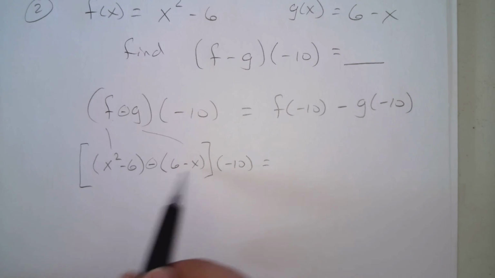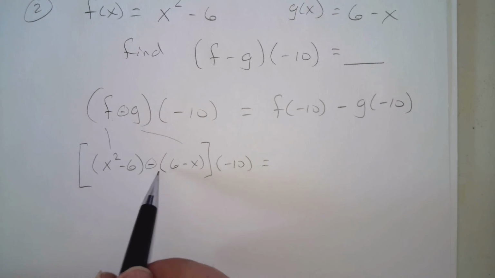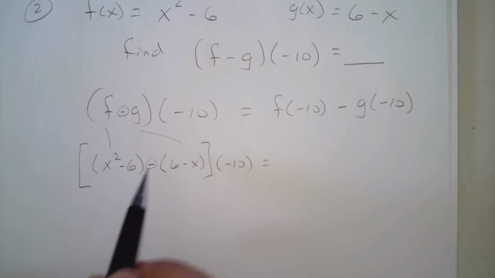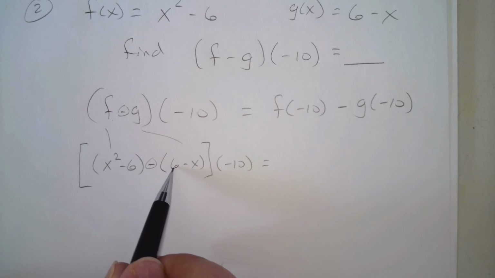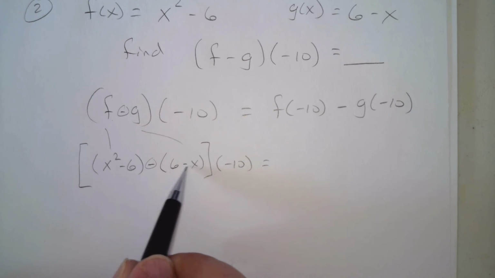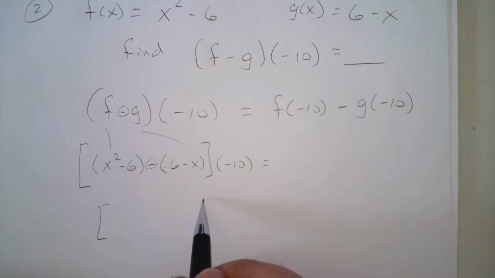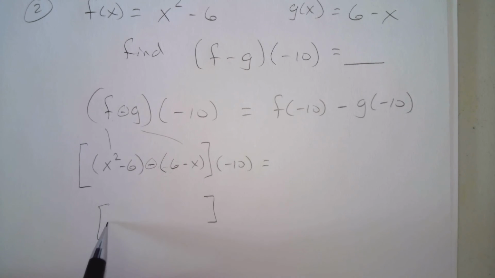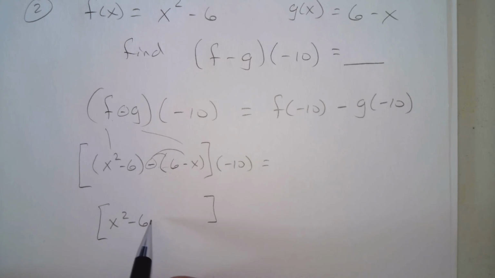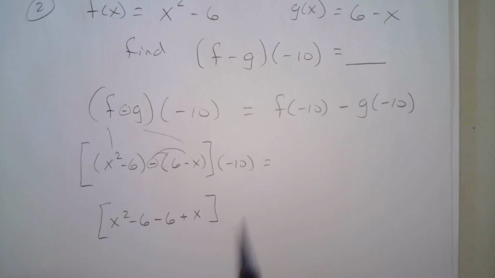See, if we didn't put the parentheses around the second one, so anything after a minus sign, I always put parentheses around it. Because if I didn't put that there, that negative would only change that to a negative 6. But it's supposed to change both of them. So I don't need the first parenthesis. This one I have to distribute. So it's a negative 6 plus x.